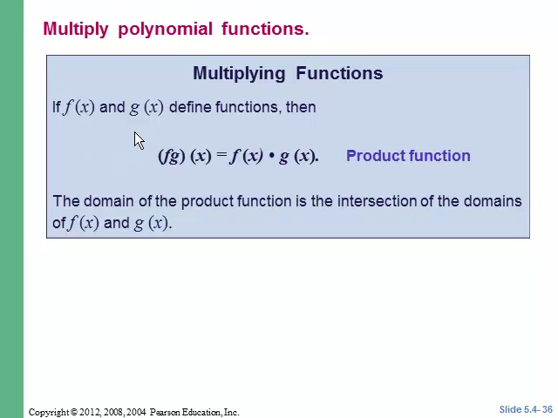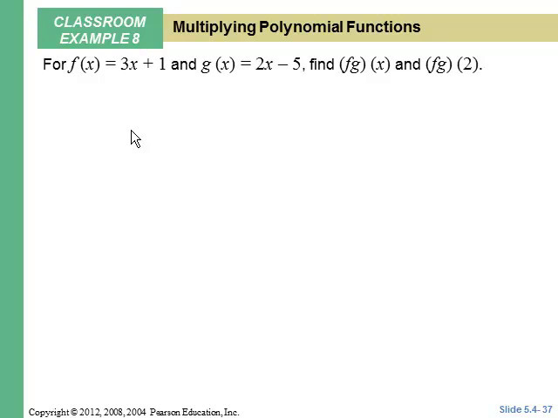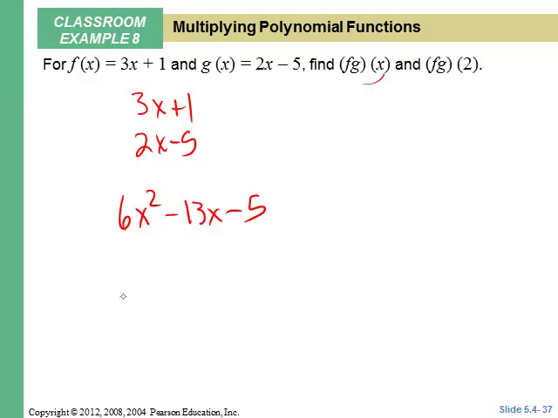And you do the same thing as multiplying as you did before with functions. So in this case, find f times g. So it's 3x plus 1 times 2x minus 5. Let's FOIL it. 6x squared plus 2x minus 15x is minus 13x minus 5.